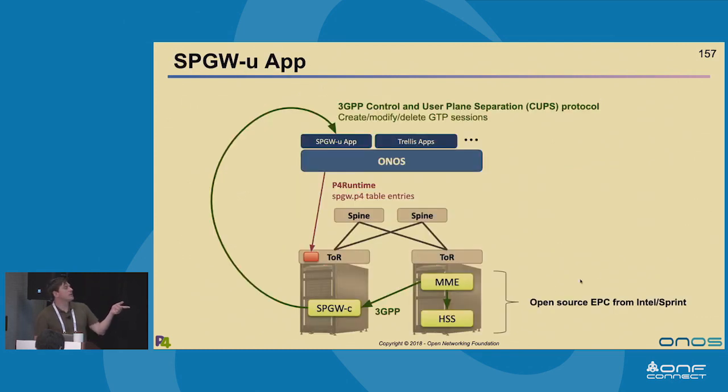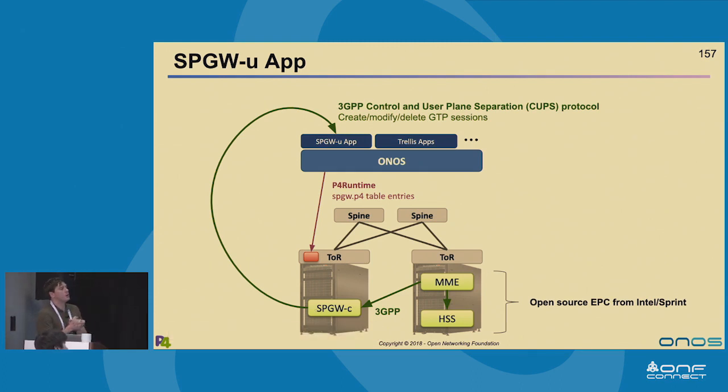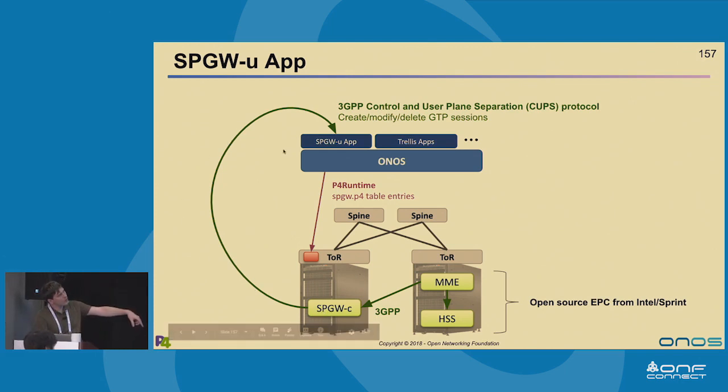This picture shows the architecture with the integration with the control plane. So differently from the BNG case, in which we use an unmodified PPPoE server, and we have an ONOS application that acts as a relay, in this case, we have the serving and packet gateway control plane that implements a standard API to talk with the SP gateway user plane component.